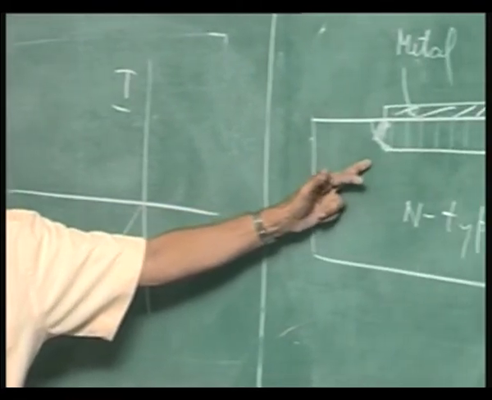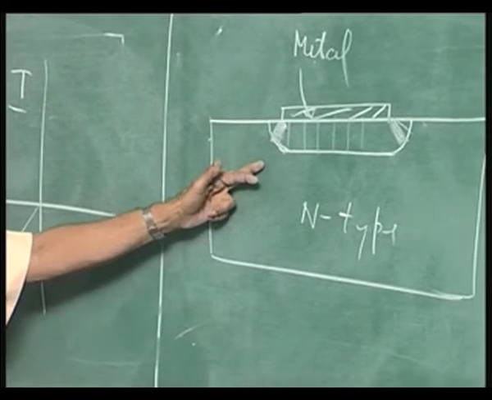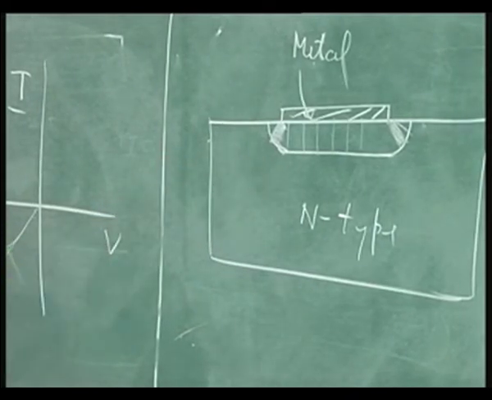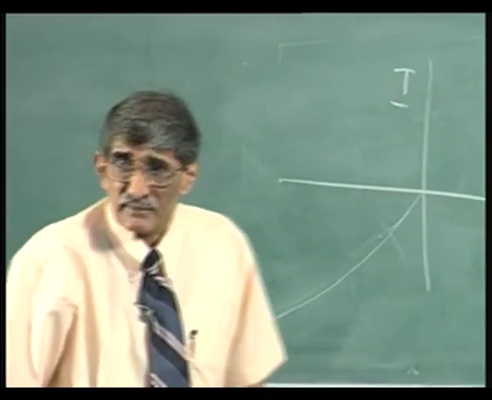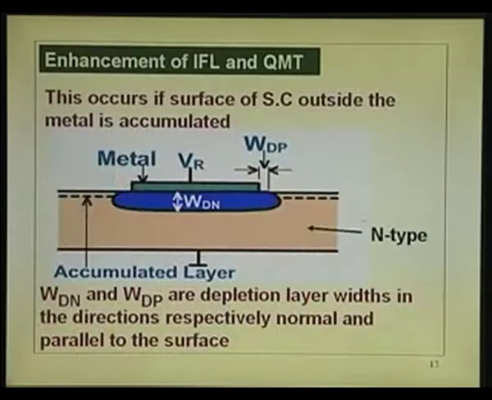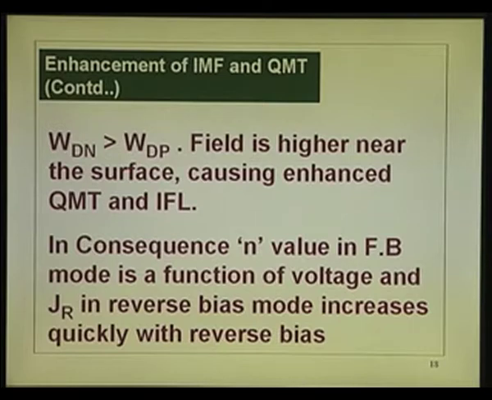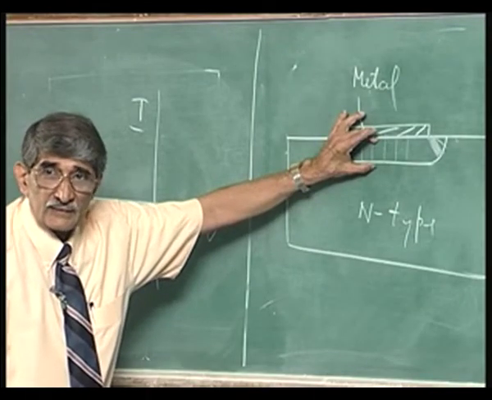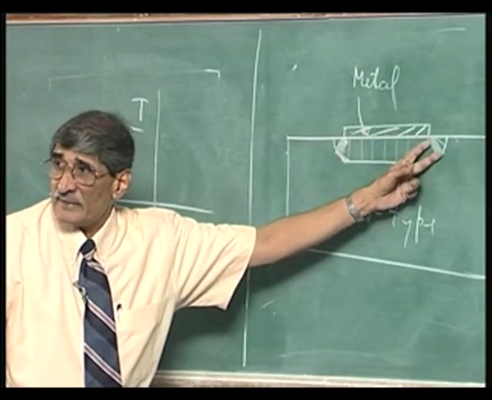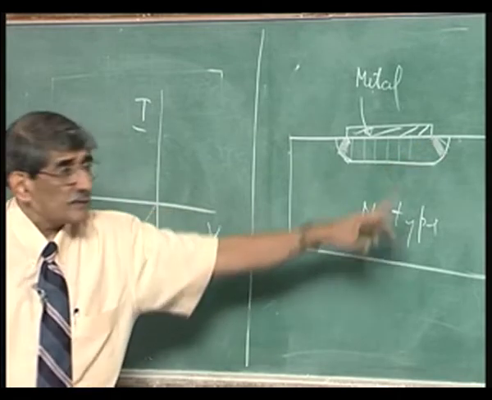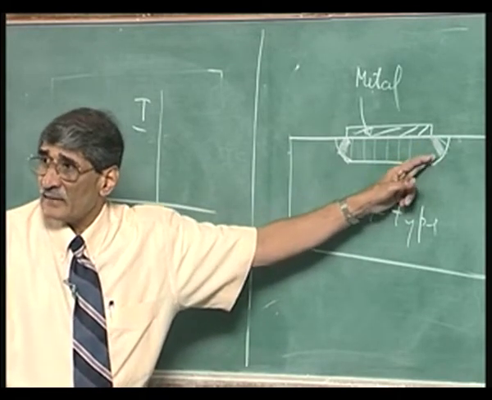If you cut down that field somehow near the edge of the depletion layer, you can bring this back. One of the methods that is used is shown here. Okay. This is all what I have been explaining, that WDN here, in the normal direction, is smaller compared to this depletion layer width WDP, and all that is bringing in the crowding effect.